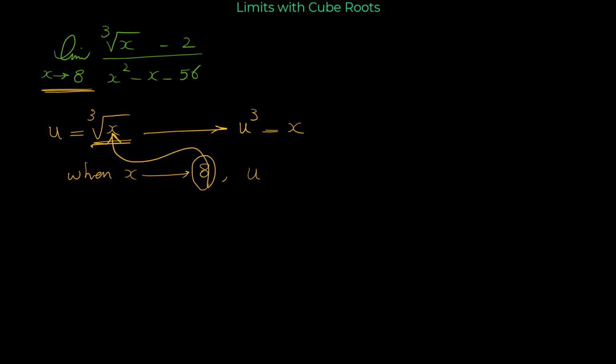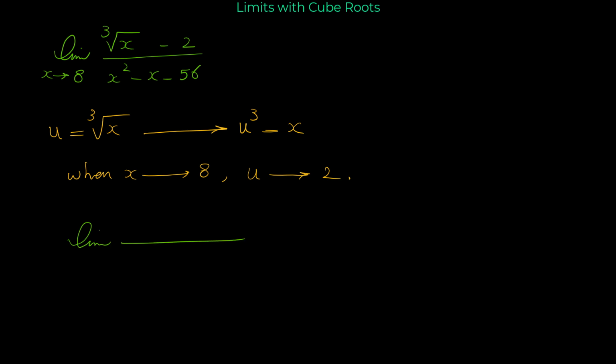So u approaches cube root of 8. What is cube root of 8? 2. So when x approaches 8, u approaches 2. Now everything that we need is ready here. So we are going to rewrite this limit in terms of u.